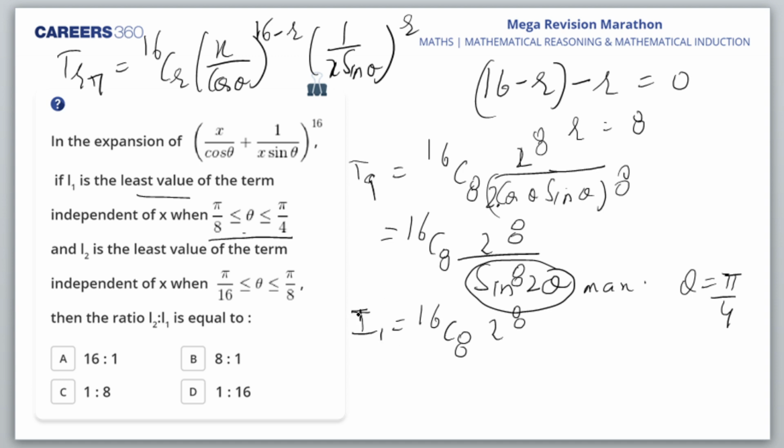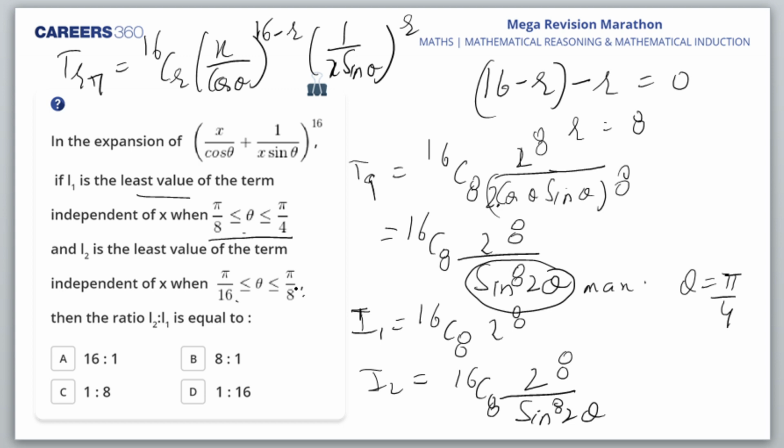Then I2 is the least value of the term independent of x when this is there. So I2 would be 16C8, 2 raised to power 8, sin 8 2 theta, and in the interval pi by 16 to pi by 8, sin theta is an ever increasing function.